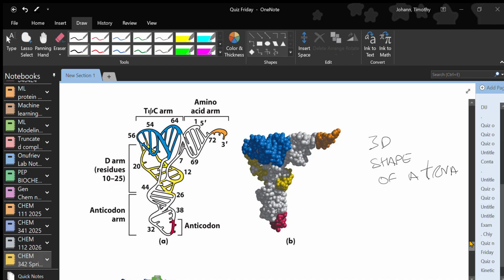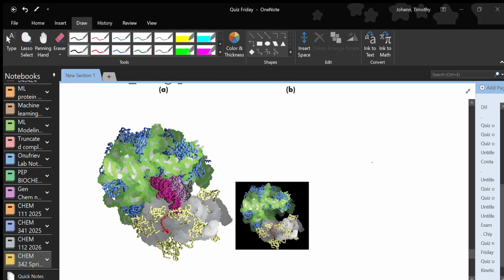Okay, the other type of RNA that we're going to talk about is ribosomal RNA. So ribosomal RNA makes up most of the structure and function of the ribosome.